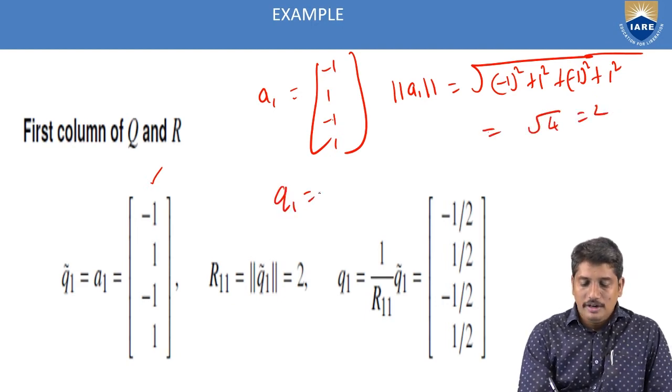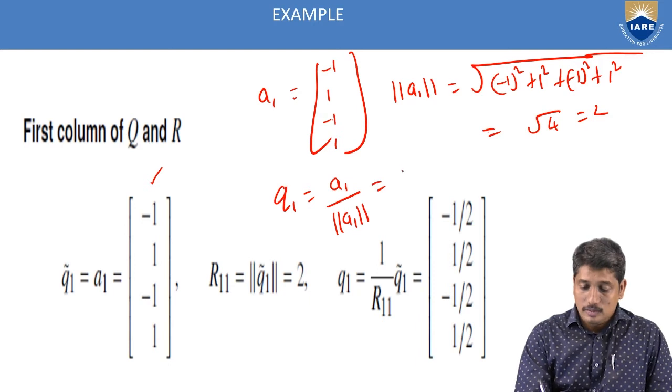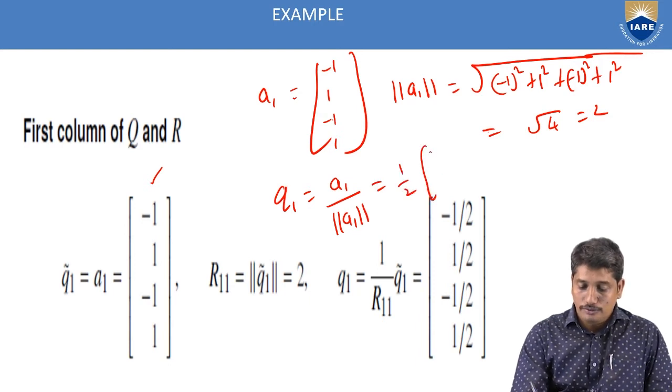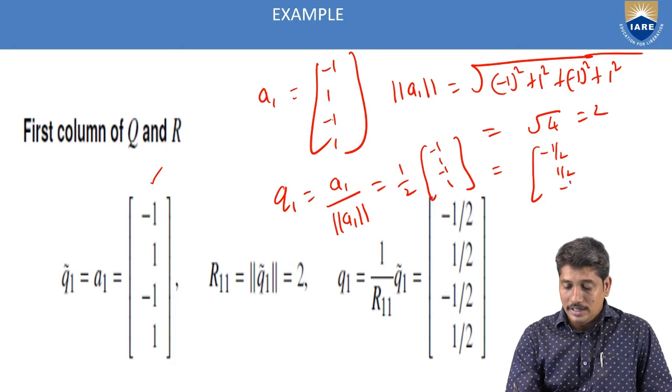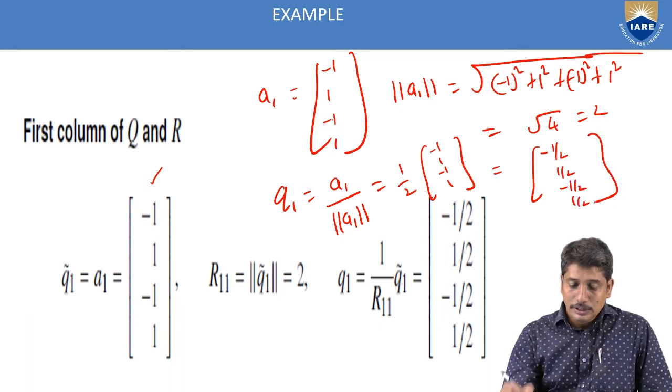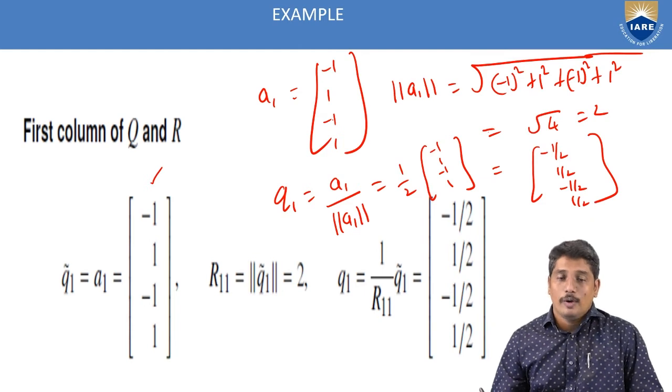Now we are defining q1 as a1 by norm a1. That means 1 by 2 times minus 1, 1, minus 1, 1. Then automatically it results in minus 1 by 2, 1 by 2, minus 1 by 2, and 1 by 2. So this is the way we obtain the first column of our matrix Q.